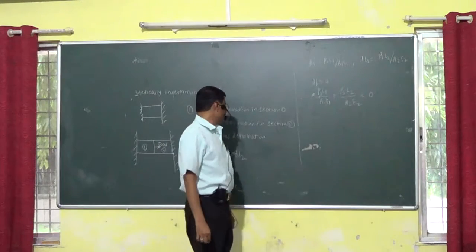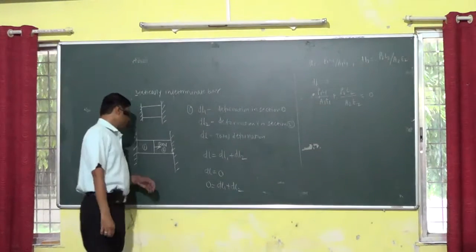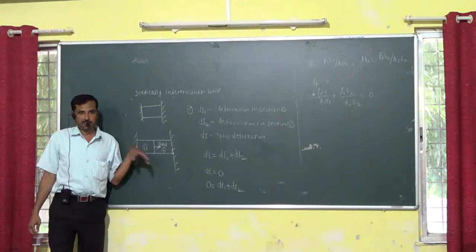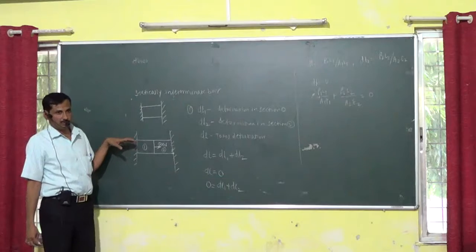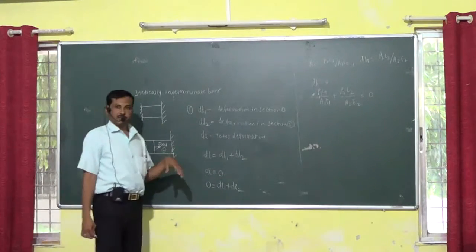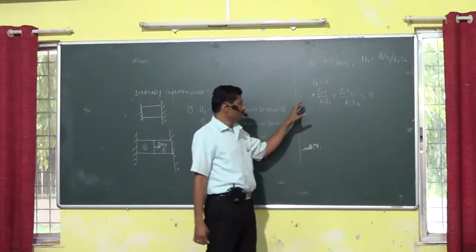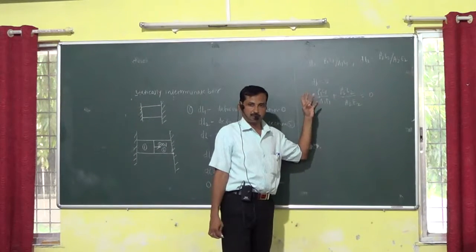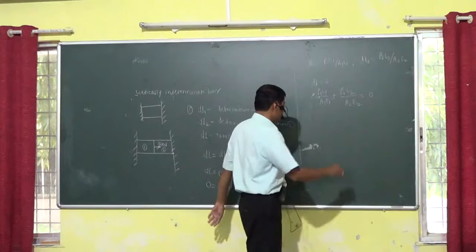Is it okay? Now if we consider that the material is the same for section 1 and section 2, then Young's modulus will be the same. If the cross-sectional area is again the same, then we will consider A1 is equal to A2 is equal to A, and E1 is equal to E2 is equal to E. If it is different, then we will consider it as different.